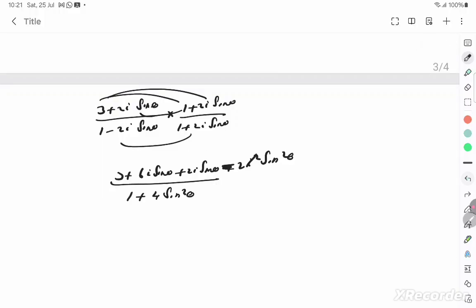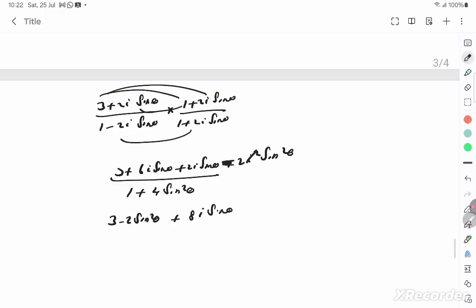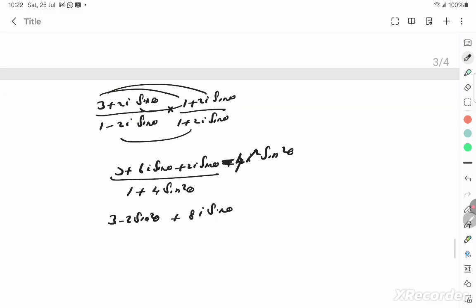Therefore you can consolidate the real part, which is 3 minus 2 sine square theta. The imaginary part is 8i sine theta. I square is minus 1, right? 2 2s are 4. When multiplying, it's 4 i square sine square theta, sorry. So there has to be a 4 in the denominator: 1 plus 4 sine square theta.